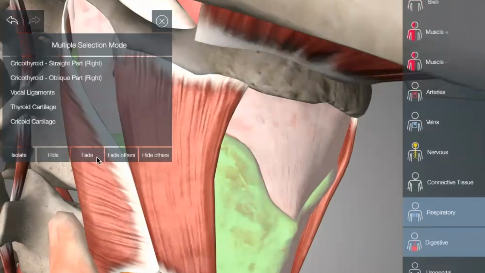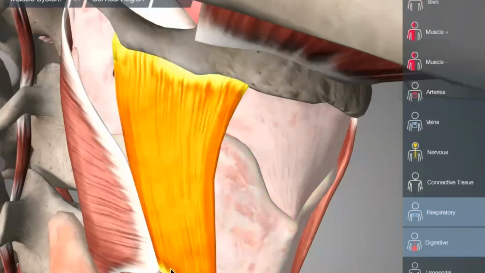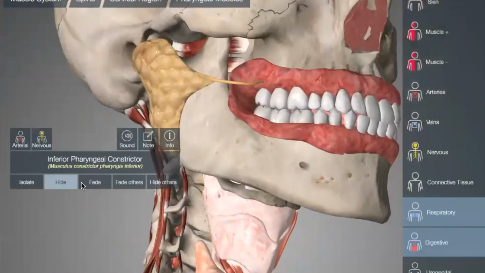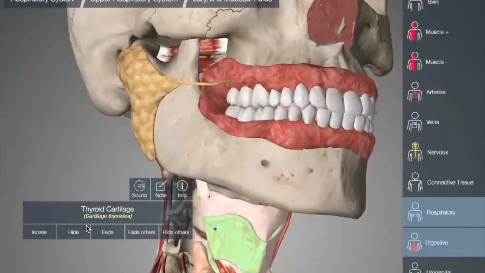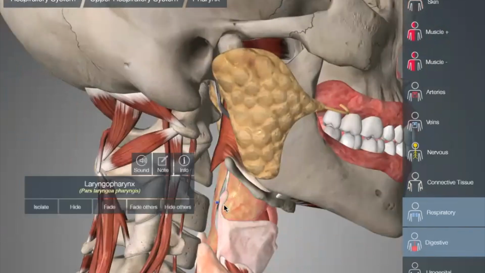Now, the next muscle is, let's hide this. The next muscle is the thyroarytenoid. Let's see if I can get this out and isolate it for you.